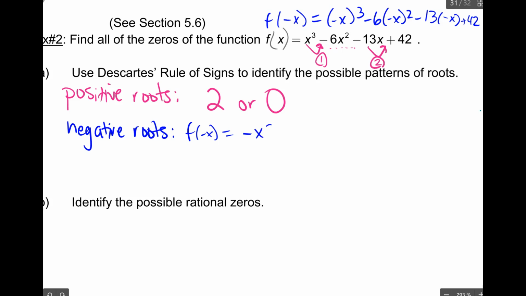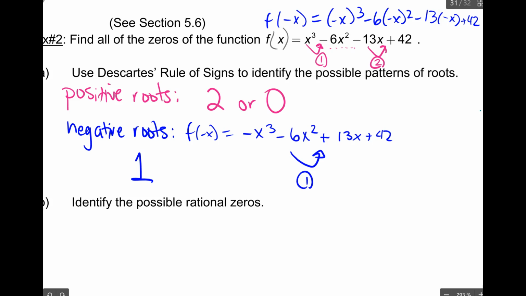So negative x to the third. Negative x times negative x is just going to be positive x squared, so I keep the coefficient of negative 6 on x squared. Negative 13 times negative x is plus 13x, and then plus 42. So I see I only have one sign change when it's negative.